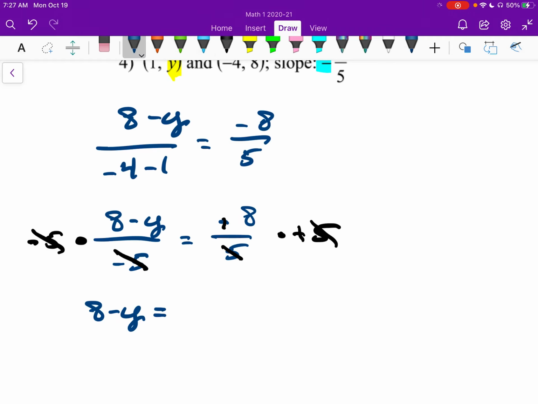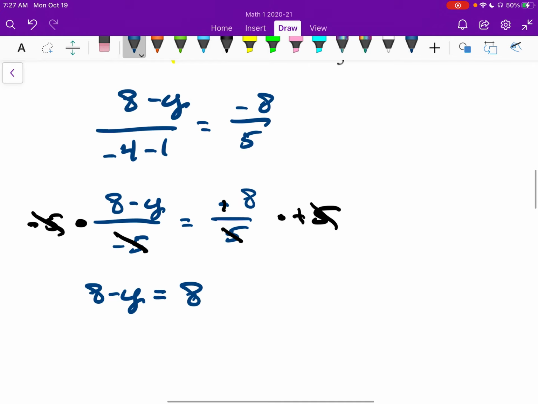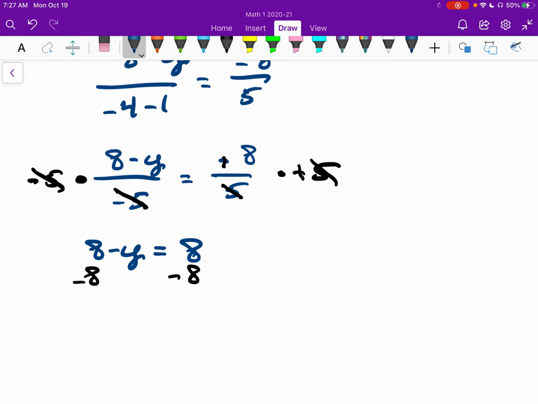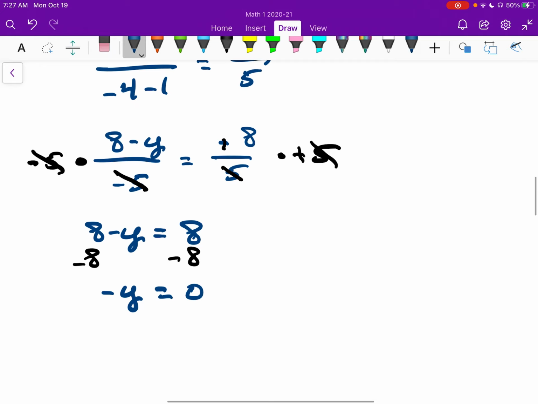So I'm left off with a plain old 8. Now I can subtract 8 from both sides to try to solve, and I get negative y equals 0. Well, if negative y equals 0, then y equals 0.